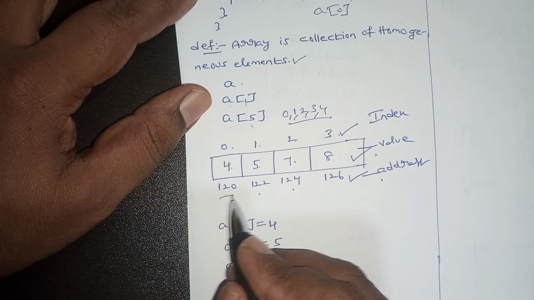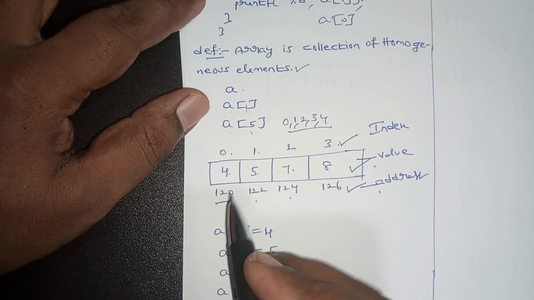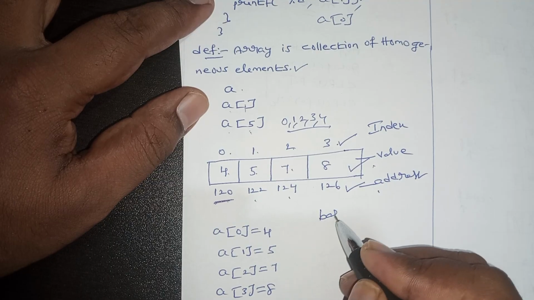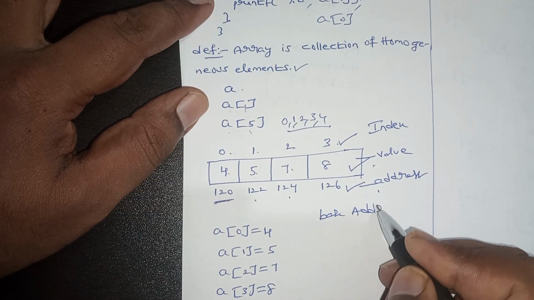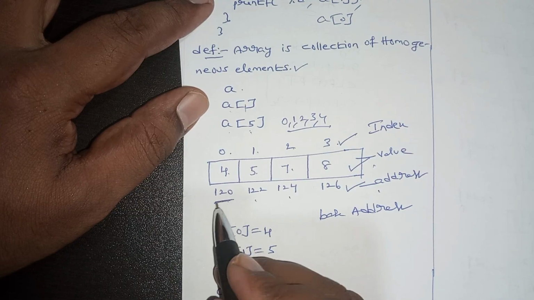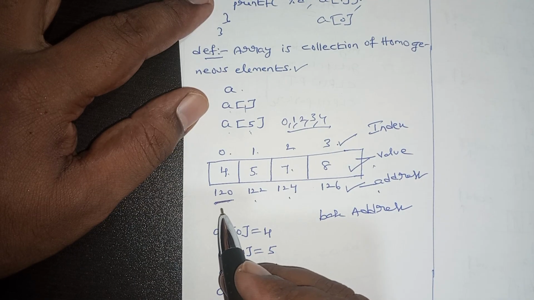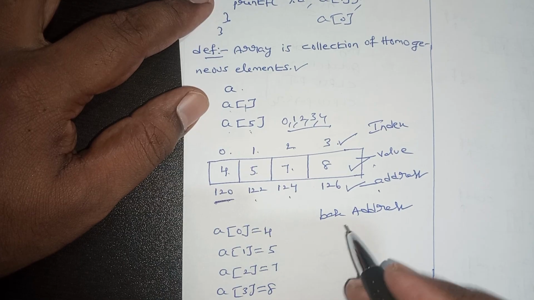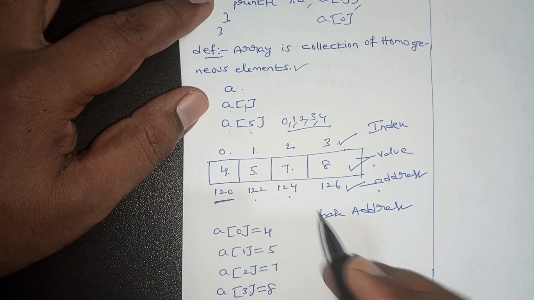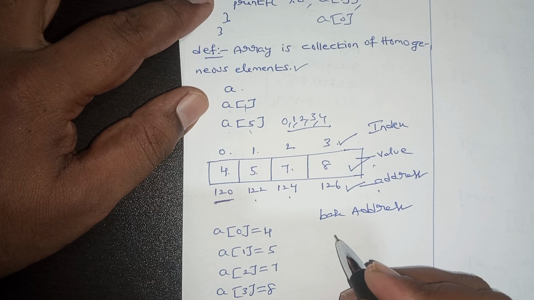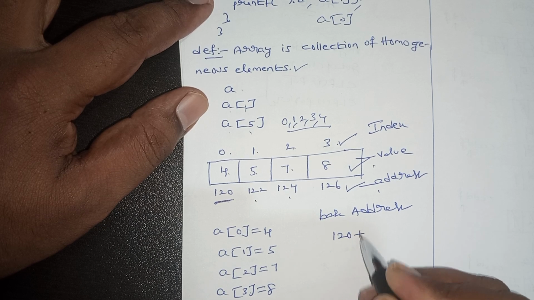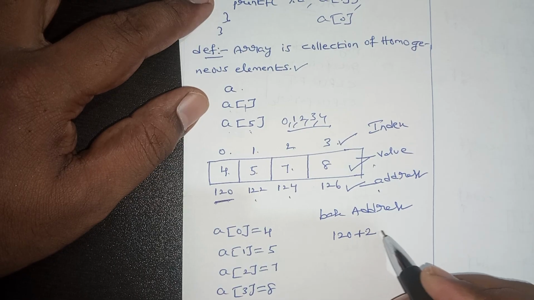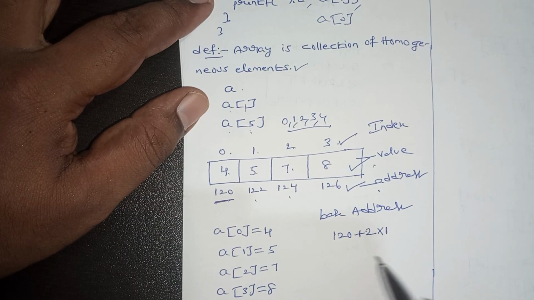Now how did I get 120, 122? This is called the base address. 120 is the base address. What is the base address? The starting address of the array. How did I get 122? Very simple: 120 plus 2 bytes into 1.